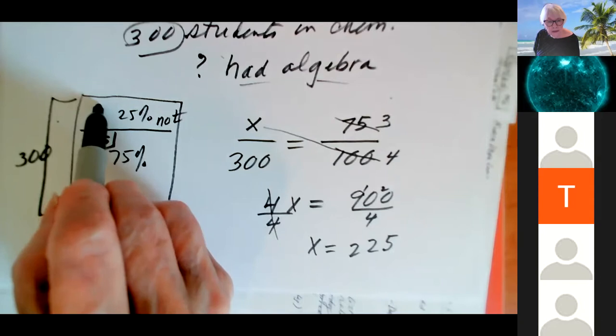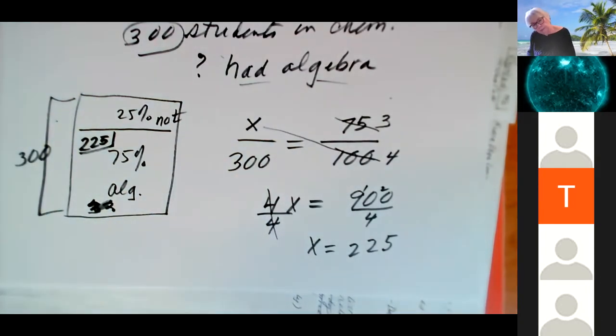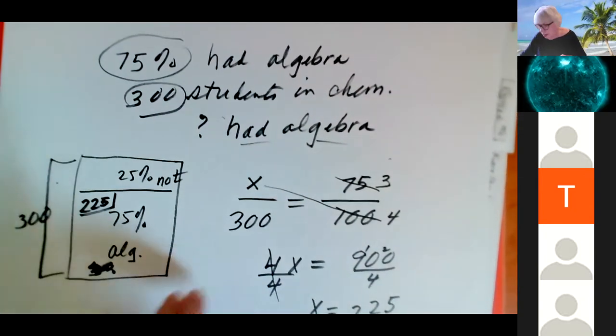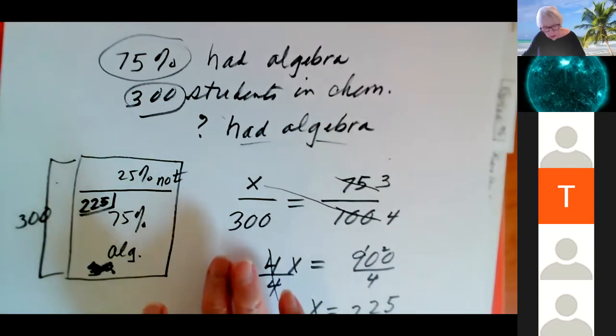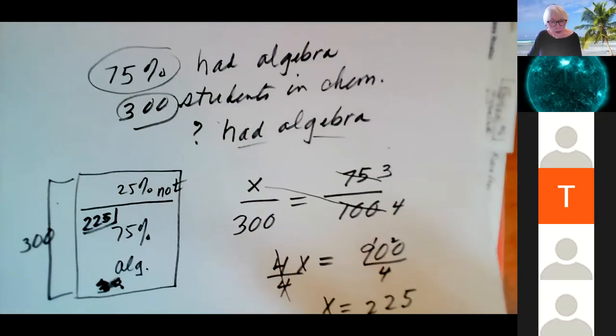This would have to be 75 to make the total 300. I like pictures. I don't know about you, but I do. It's almost like you can see the relationship there. Any questions?